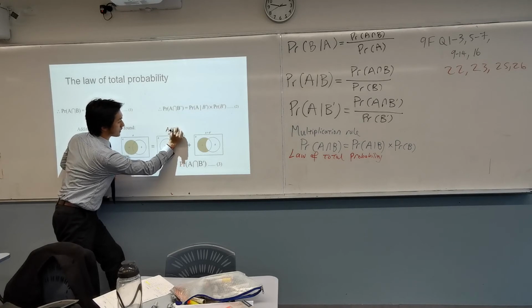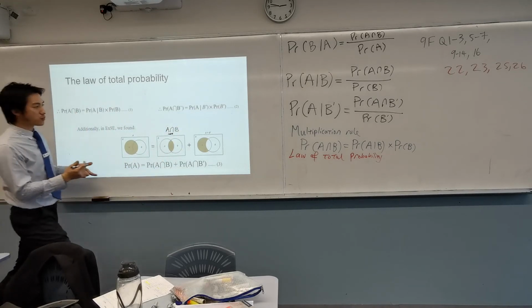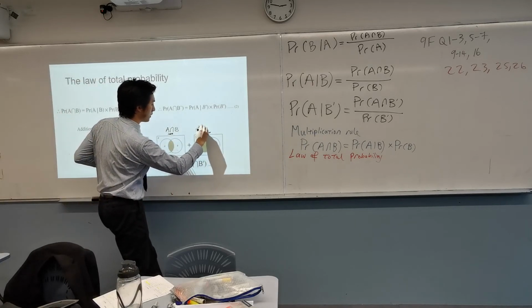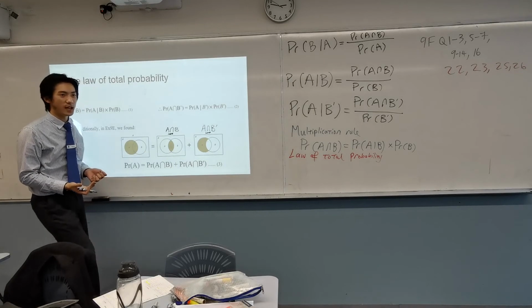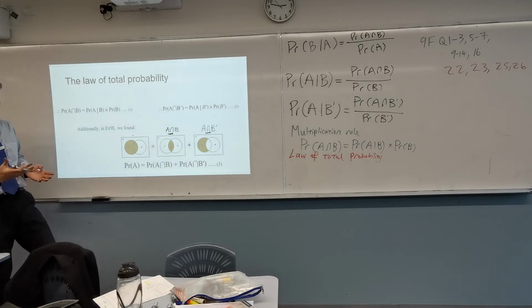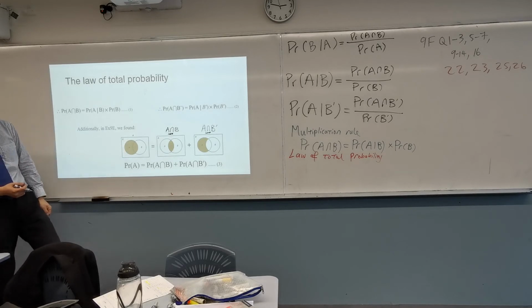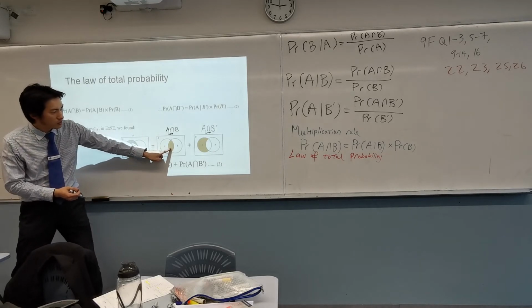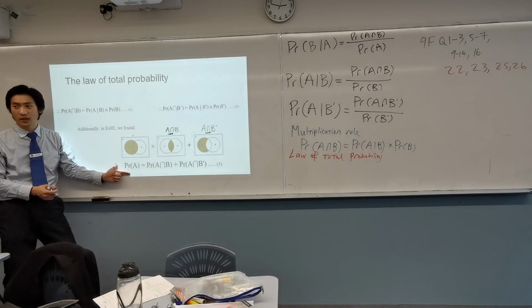A intersection B, that's both parts overlapping, as well as A intersection not B, which really means A only. So I'll restate it. The probability of getting an event A is equal to this part in the middle plus that part on the side. This is equation 3.